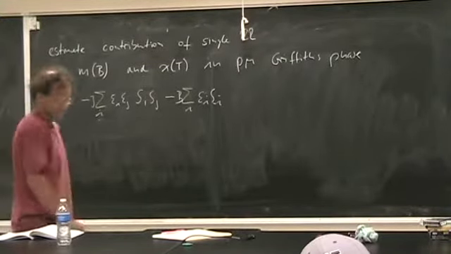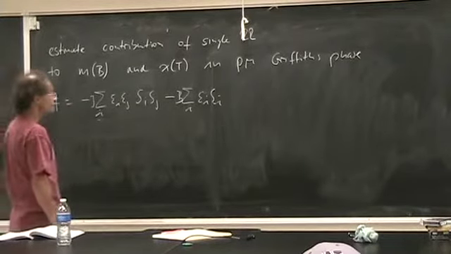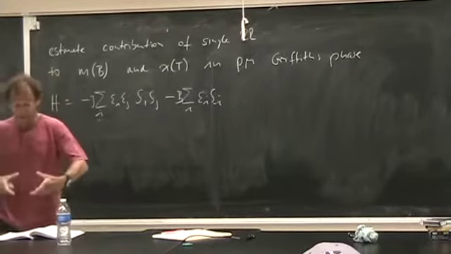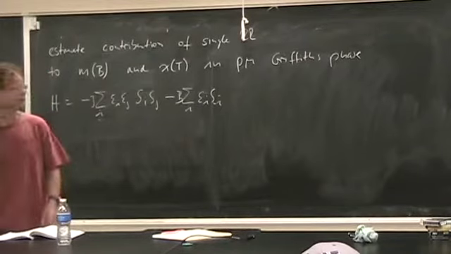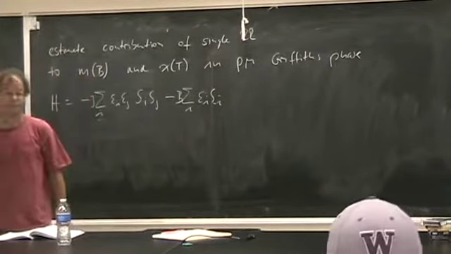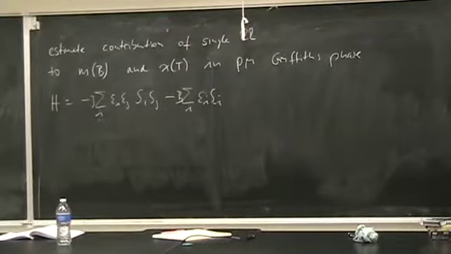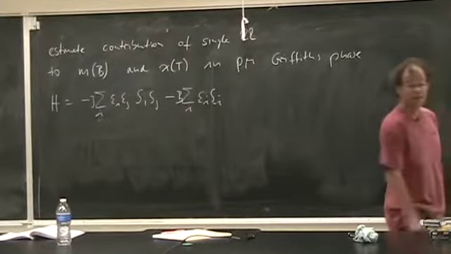Okay, so how can we estimate the contribution that a single rare region makes to the magnetization in the field? So let's orient ourselves a little bit. We are in the paramagnetic phase. In this picture it would be here, and the other picture was the entire thing.